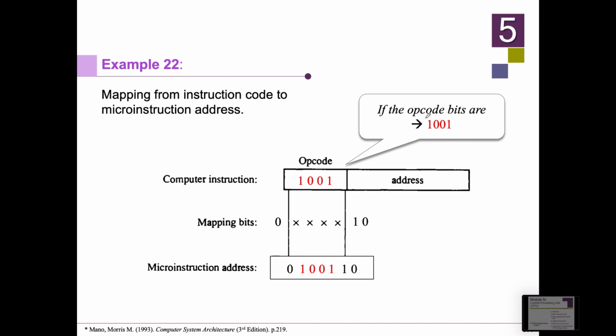If the opcode is 1001, you're going to put it into your opcode, and then of course you're going to have your address bits 0 and 10, and in between you're going to have 1001.